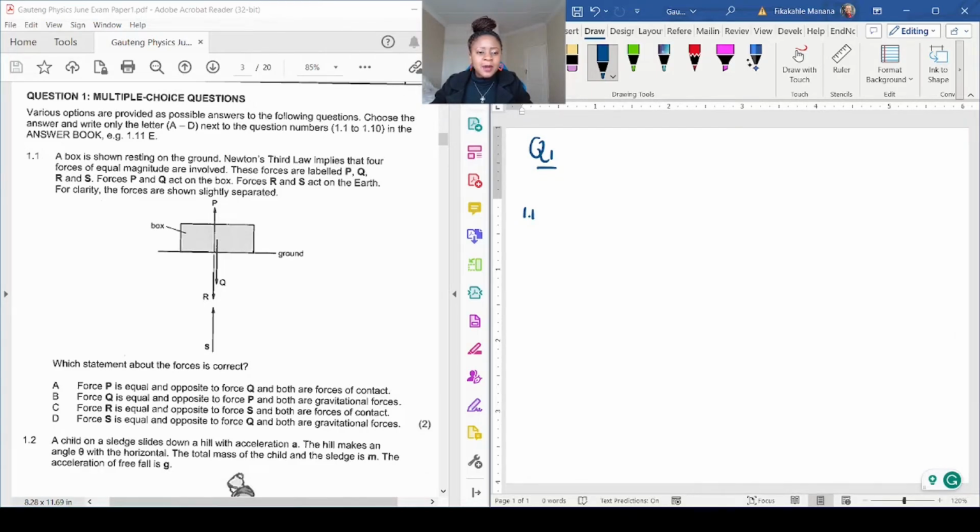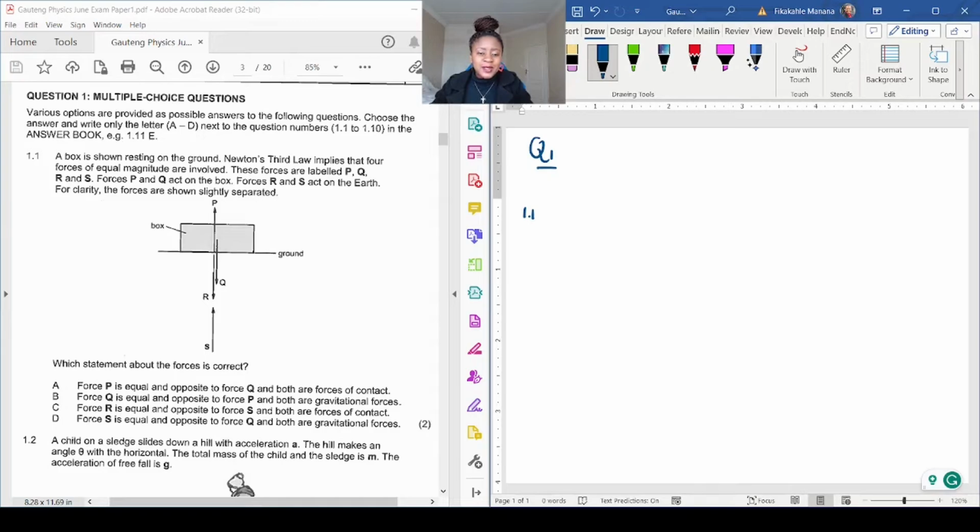So now it says a box is shown resting on the ground, all right? Newton's third law implies that four forces of equal magnitude are involved. These forces are labeled P, Q, R, and S. Forces P and Q act on the box. One is a contact force, the other is a gravitational force.